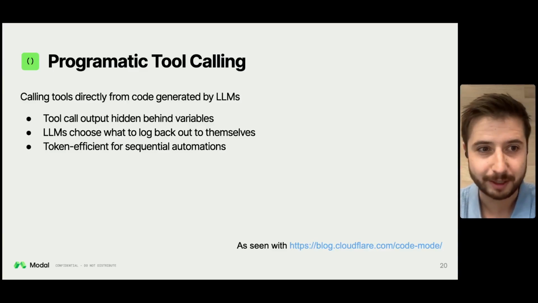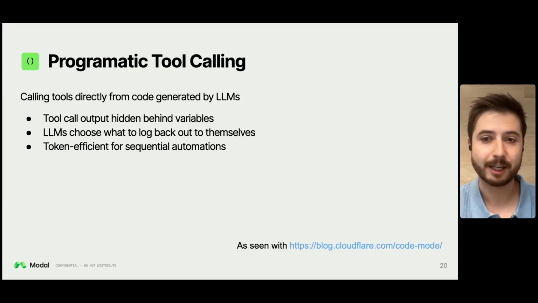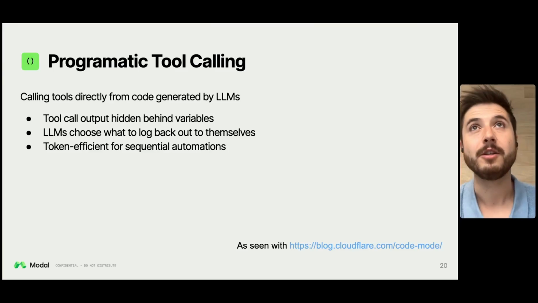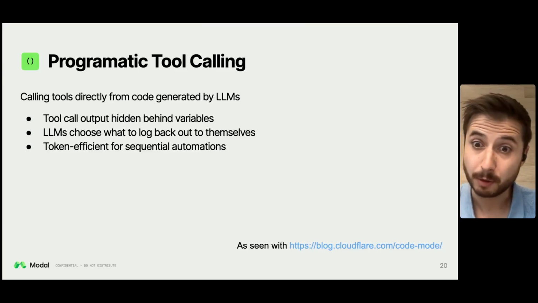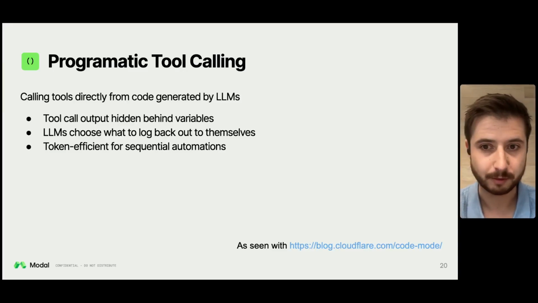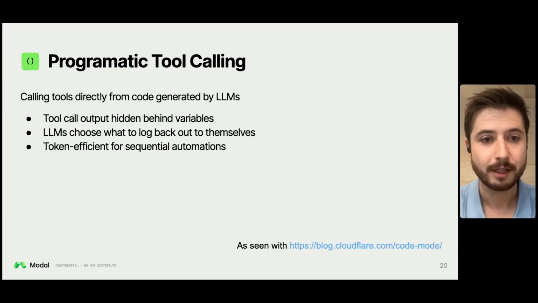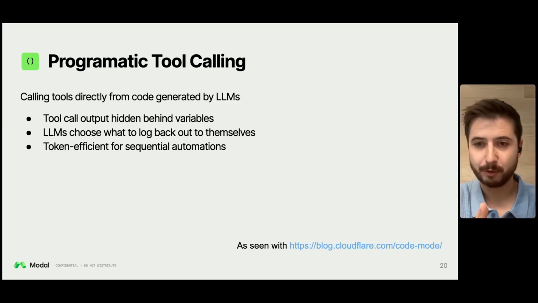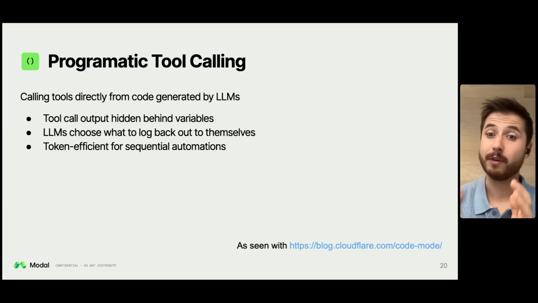You definitely need to sandbox this. And I think that's a tie-in that I'd like to explore more on the Modal side. We haven't done much of it yet, but you need to sandbox the execution of this because you are executing untrusted code. But the cool thing about this in terms of context management is that now all these intermediate tool call outputs are stored in variables.